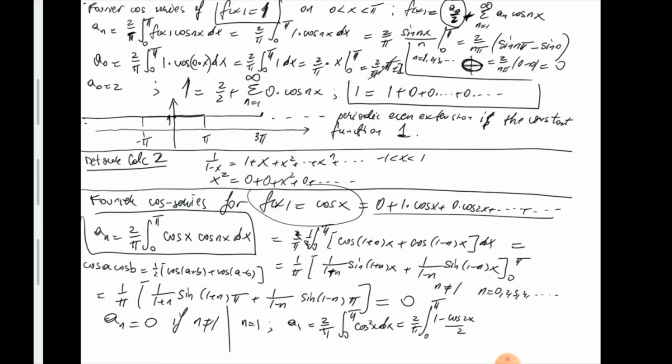So we can integrate it. So that splits into the integral of 1 over 2. I hope I can fit this. I don't want to move on to the next page for just this. And then minus, I break this into two integrals, and then minus 2 over pi, the integral from 0 to pi, 1 over 2 cosine of 2x dx. Okay, the first integral will be, so 2 cancels.